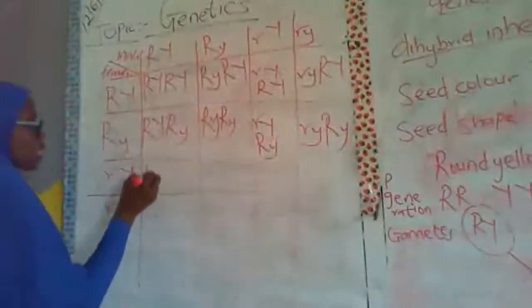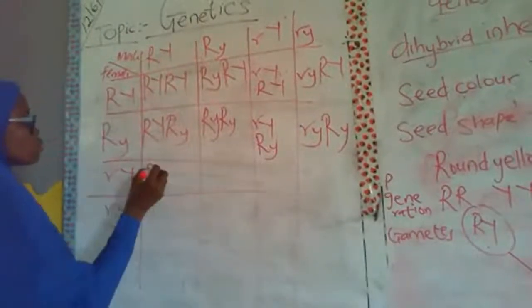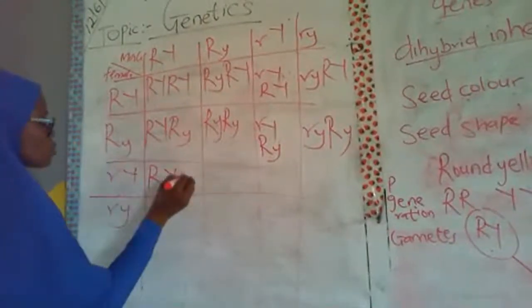So that's how we are going to be doing the Punnett square. So this as well.